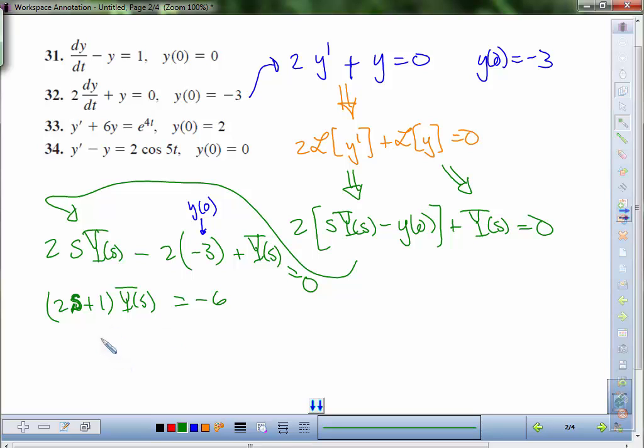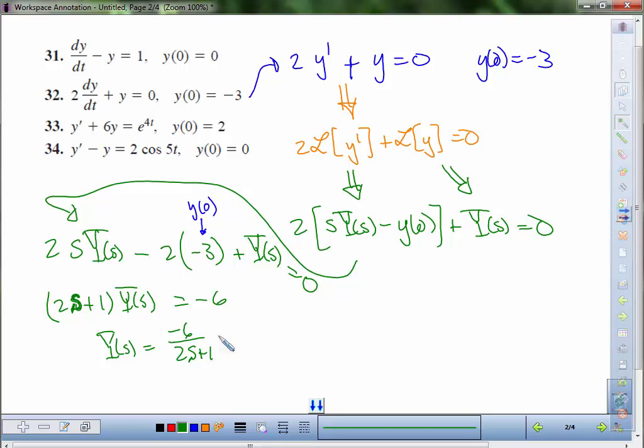And then if we solve for Y, we get negative 6 over 2s plus 1. Now, that looks great. That was easy algebra. If I had a nice machine that would take any function in the S world and transform it back, that would be great.